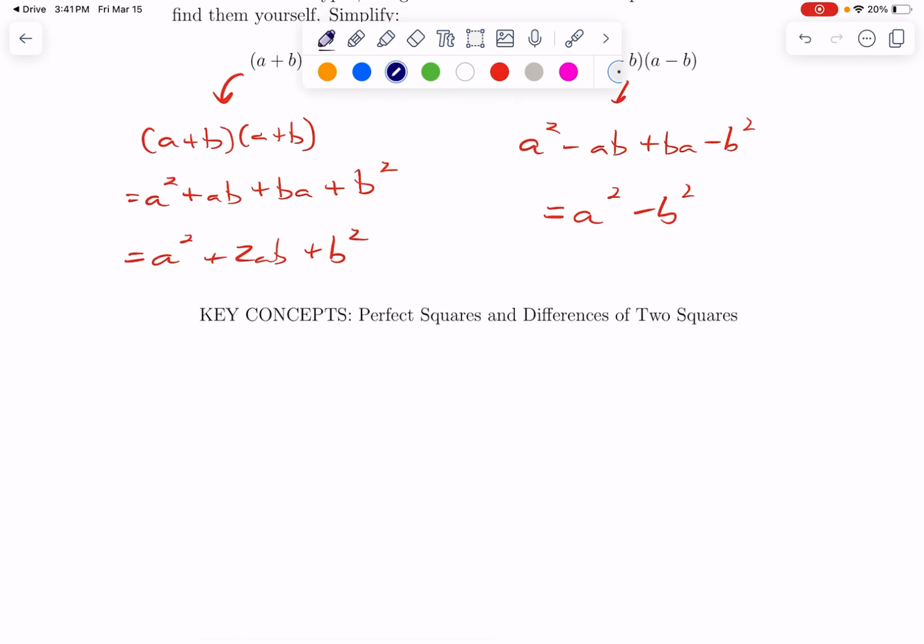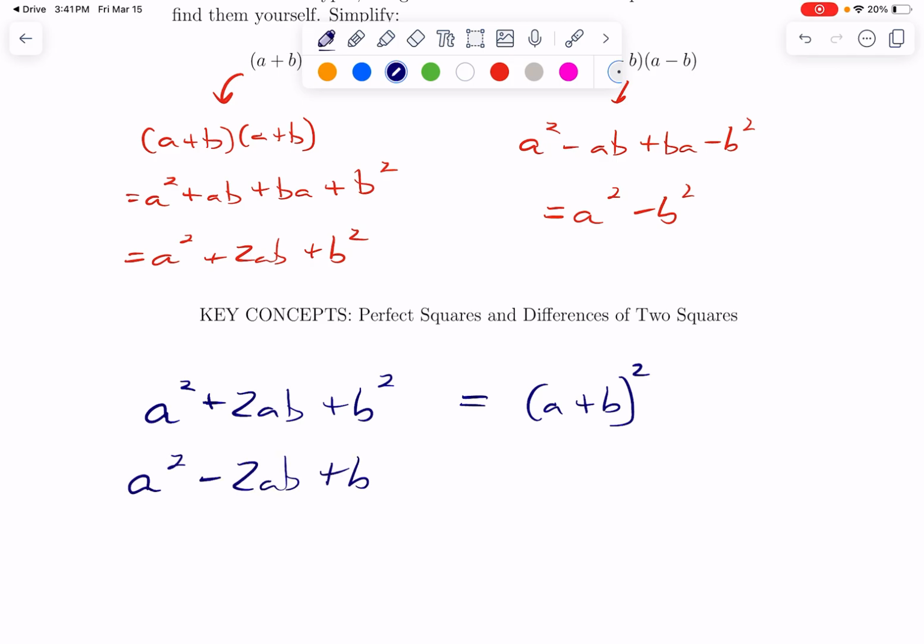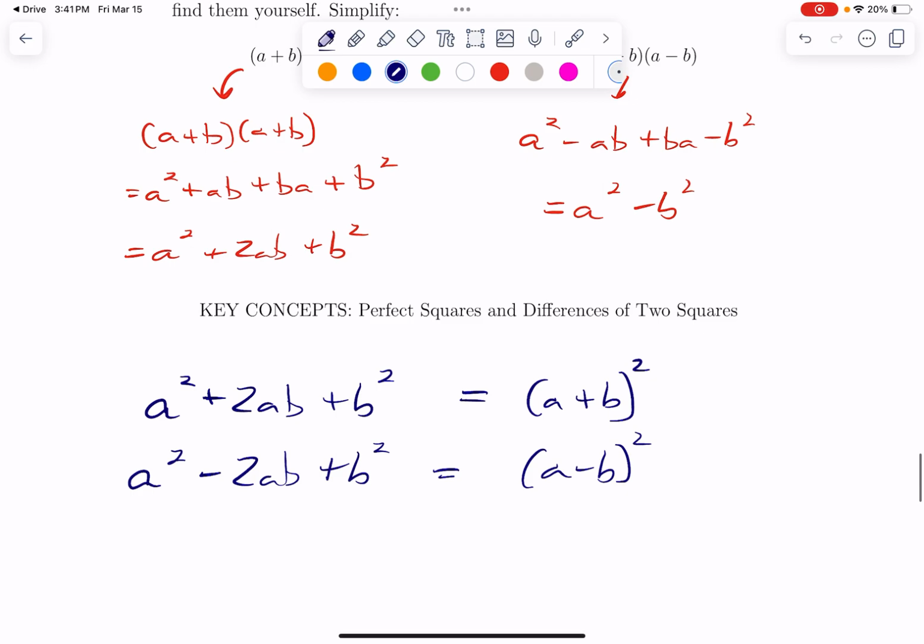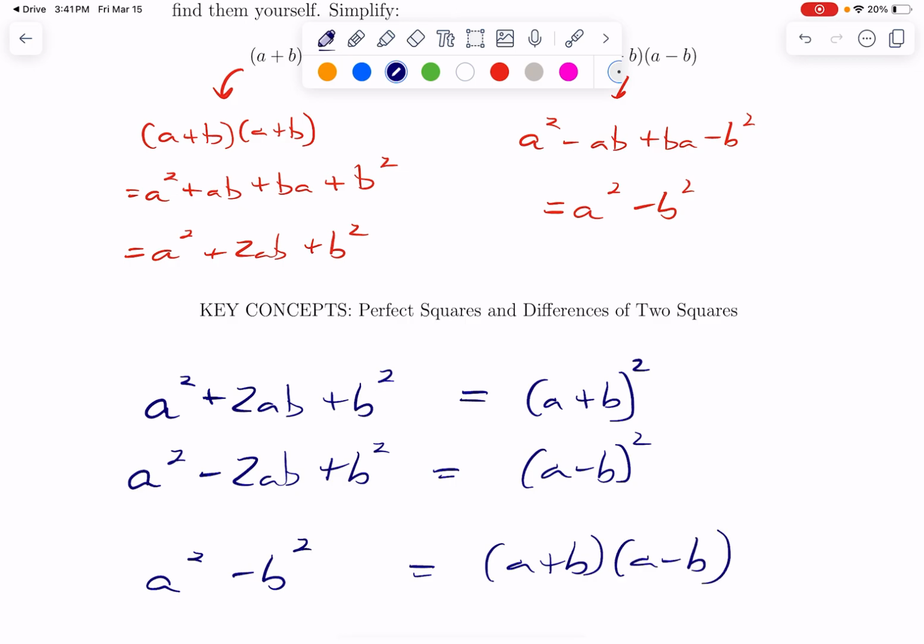So just patterns to notice is that a squared plus 2ab plus b squared is actually the result of just taking a plus b and squaring it. If you see a version with a negative middle term, it means we had a negative over here. And if you see perfect square minus perfect square, that's the result of multiplying together what's called a conjugate pair.